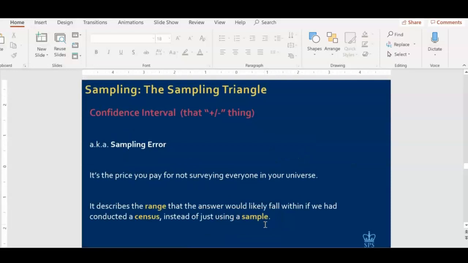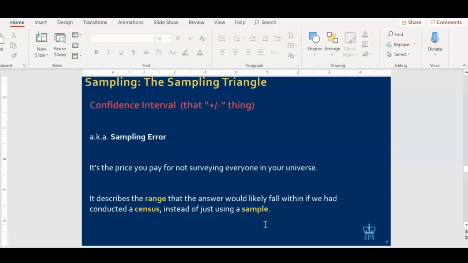Let's first talk about our confidence interval. Confidence interval is also sometimes called a sampling error. And really what it is, it's the price you pay for not surveying everybody in your universe. During our sampling lecture, we talked about how one of the only known samples that attempts to interview the entire universe is our US Census, which is conducted every 10 years.